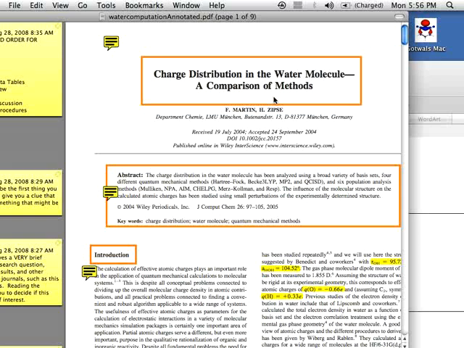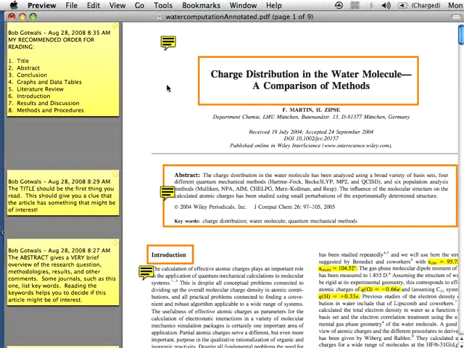Okay, how are you going to read this particular journal article? Let's look up in the top left-hand corner. What I've done for you for this first journal article, I won't do this for the other ones, is add some annotations to help get you through this article.